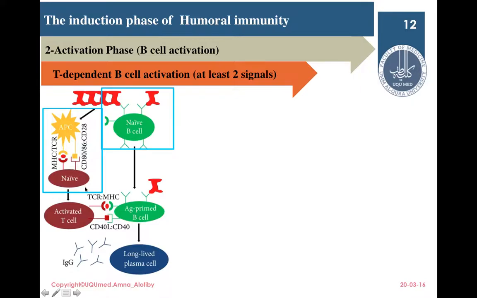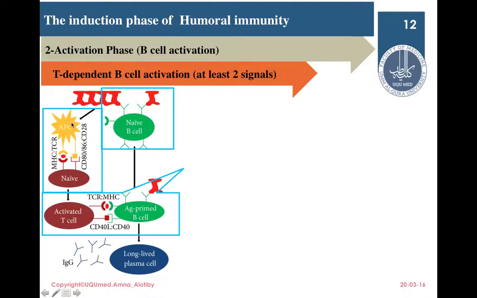The activated T cell and antigen primed B cell will then interact with each other. The antigen that is taken up by the B cell will be processed and presented with the help of MHC class 2. Now we know that antigen presenting cells are dendritic cells and B cells.